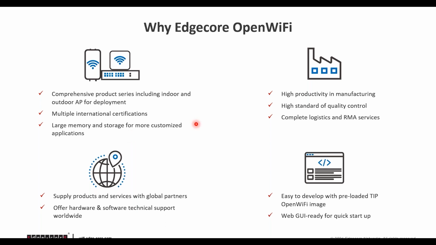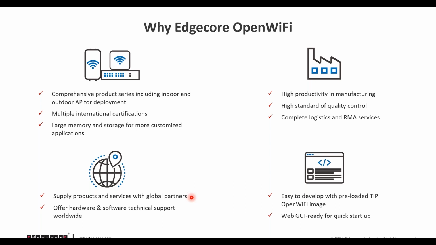And besides, okay, we have the manufacturing capacity with quality control. And also we have the supply chain that can handle the logistics, and we have the standard RMA process. And because Edgecore is a branding company, we can provide global support, and we will rely on the local distributors or partners.